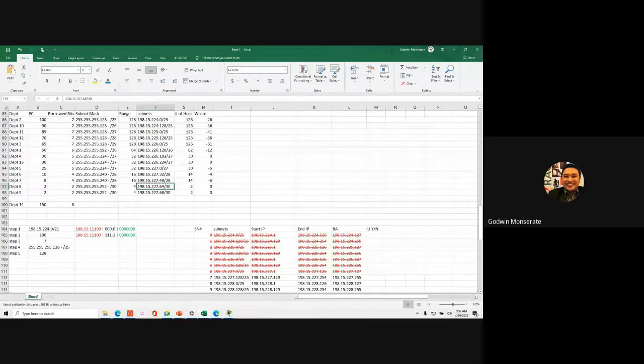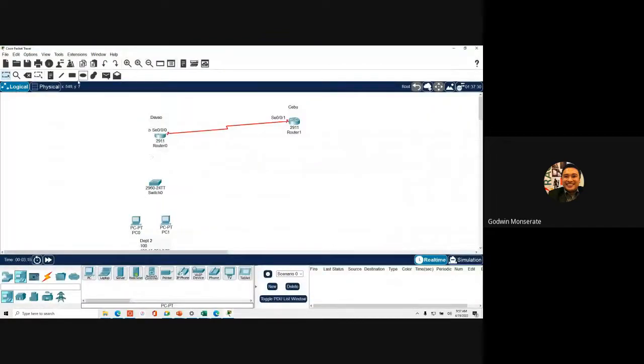Okay? We'll apply that in between this one. So in between, only 2 IP addresses are consumed, because its subnet mask is /30. I hope you get my point. So here, we're going to create another PC.